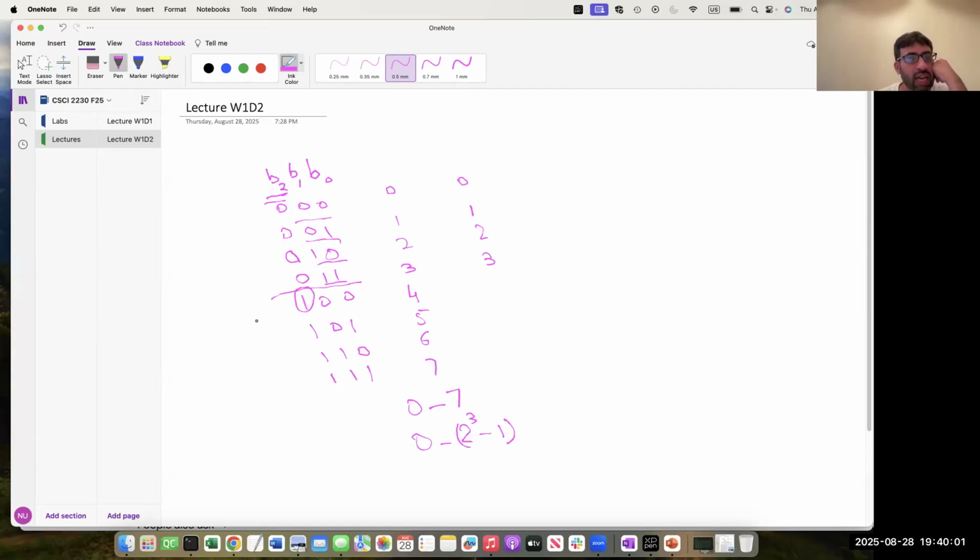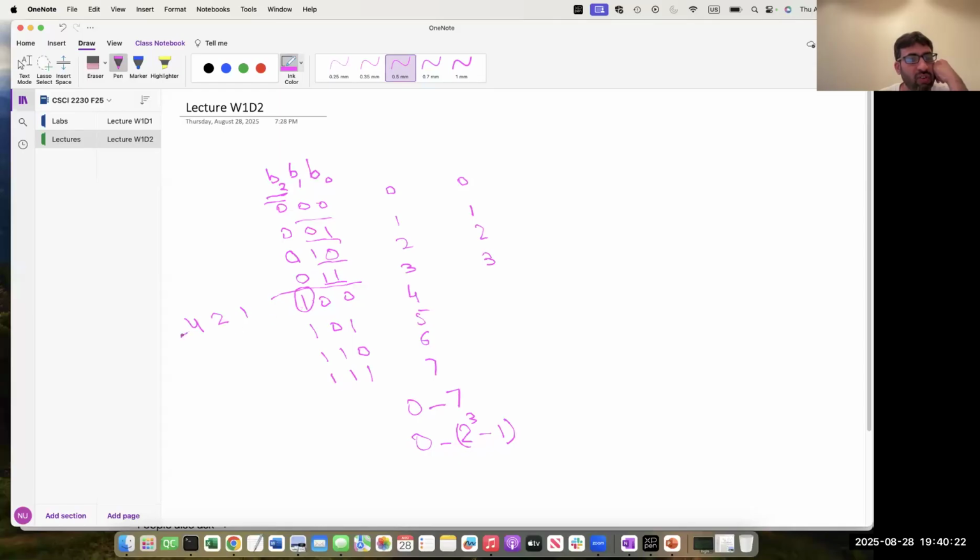But here the most significant bit is 1. What were the weights? The weight of the first bit is 1, the weight of the second bit is 2, and the weight of the next bit is 4. But now we are saying that the binary number represents signed numbers and the most significant bit is the sign bit.